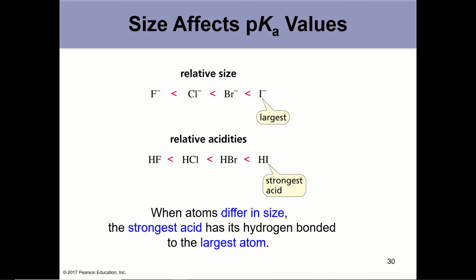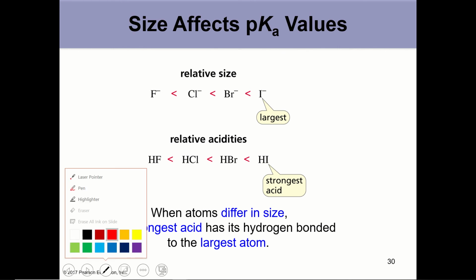And so as we go down a group, size increases a lot, and the bond becomes longer, and a longer bond is also a weaker bond. So down a group, longer and weaker bond.